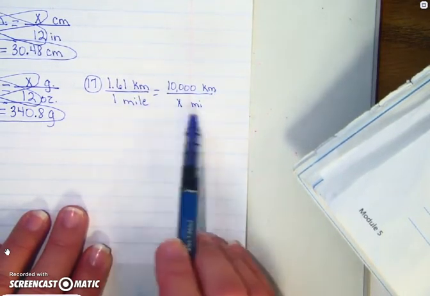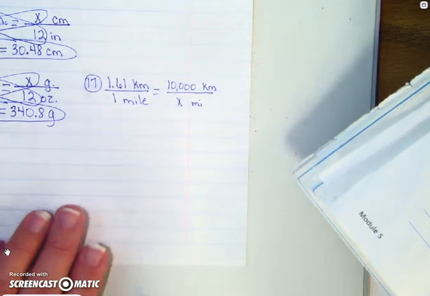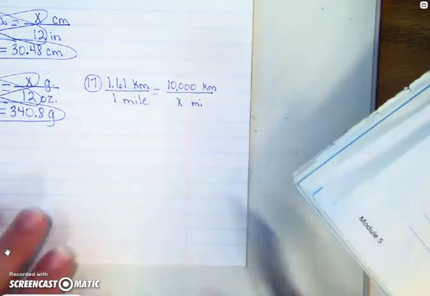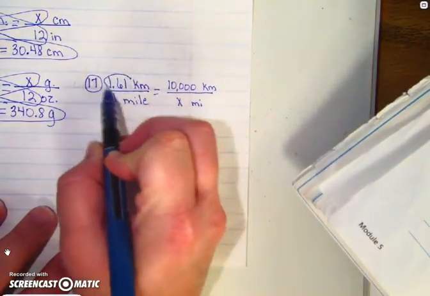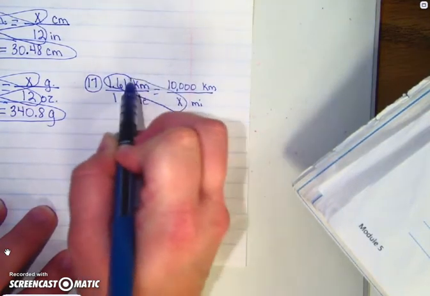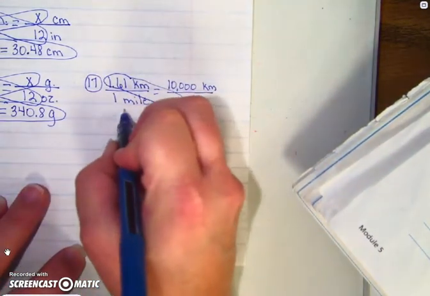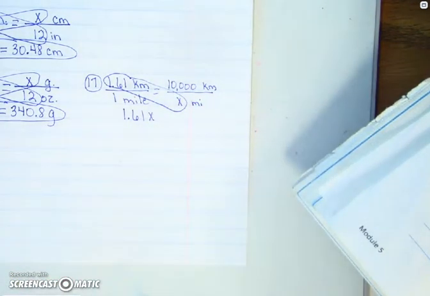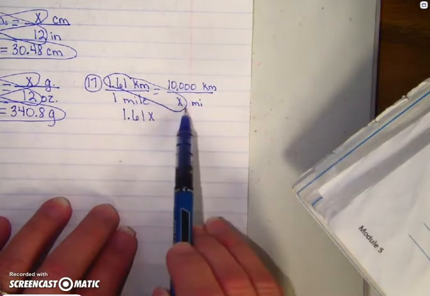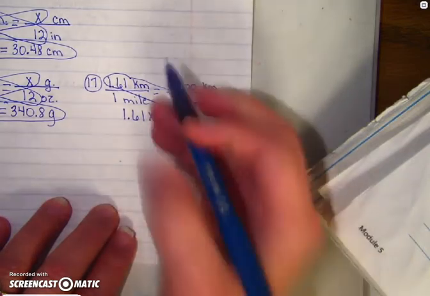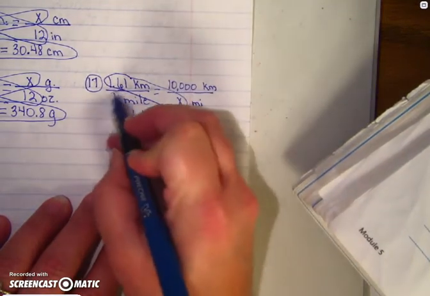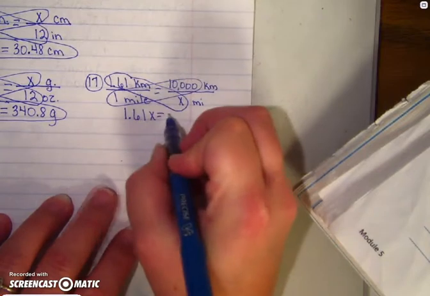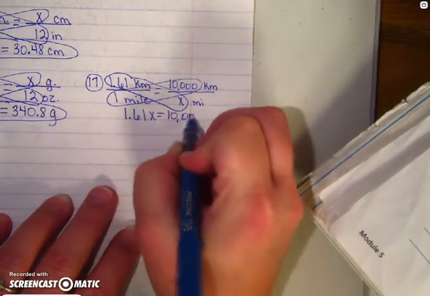Kilometers, kilometers, miles, miles. Now, when we do this one, we're going to cross product 1.61 times x, and that's going to be 1.61x equals 10,000 times 1 gives us 10,000.